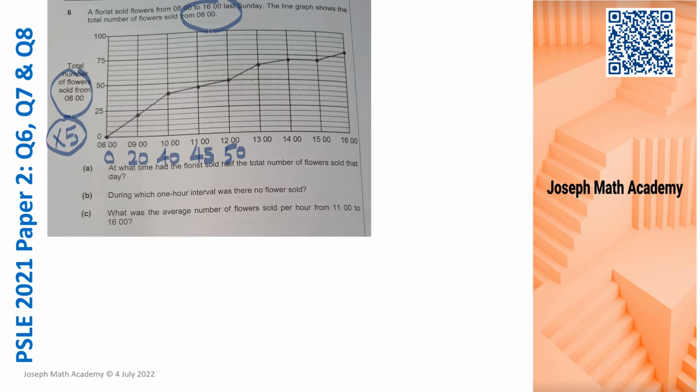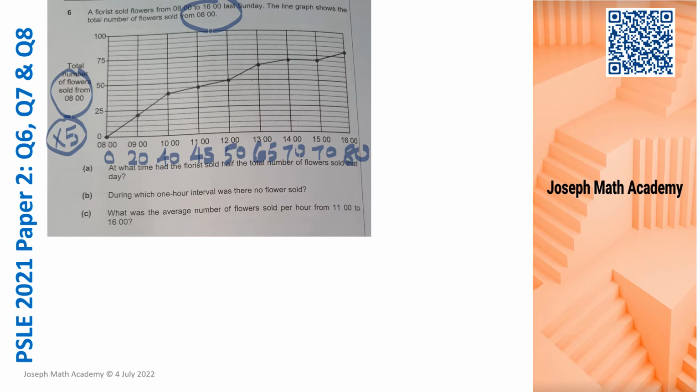At 1 o'clock, 65. At 2 o'clock, 70. At 3, still 70. And at 4, 80. So reading a line graph should not be an issue.